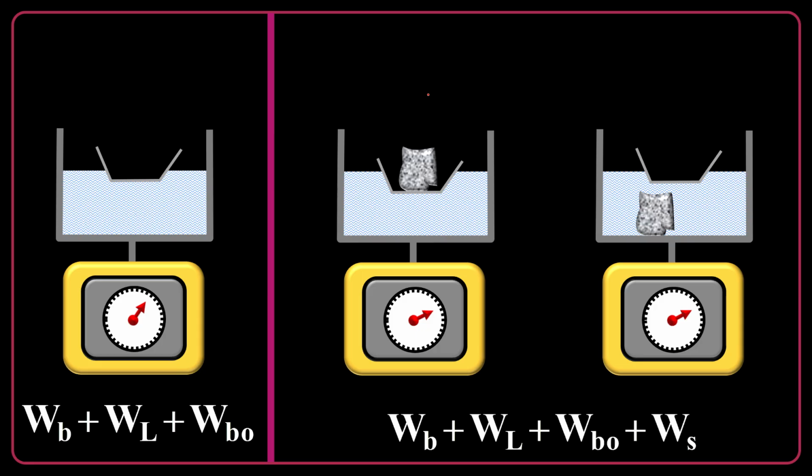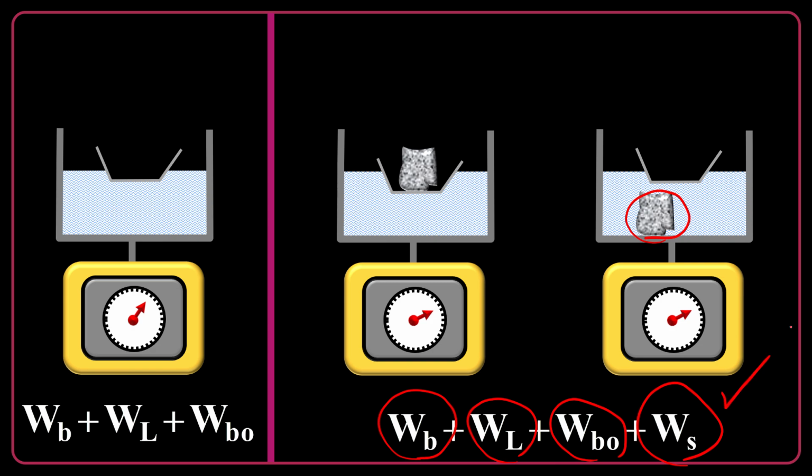It's very interesting. Okay, I have here the weight of the beaker, the weight of the liquid, and the weight of the boat also. But the last is this. Can I add W of the stone here as the last term? The answer is yes, you can.